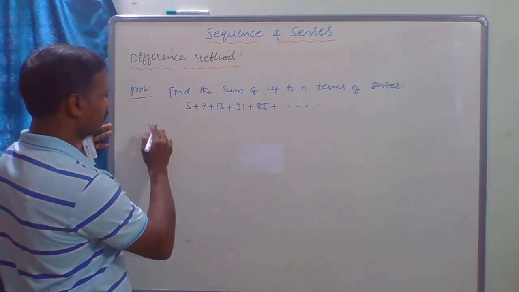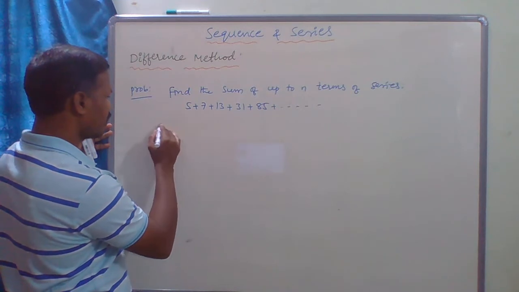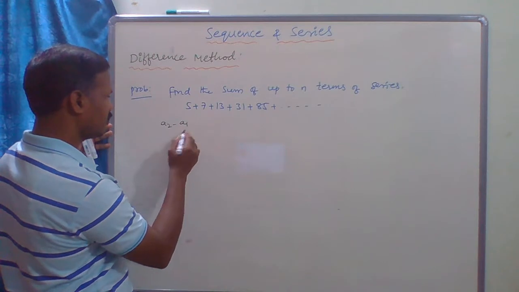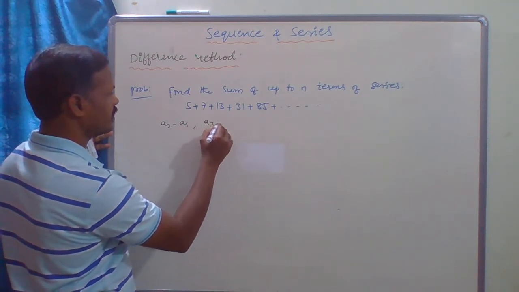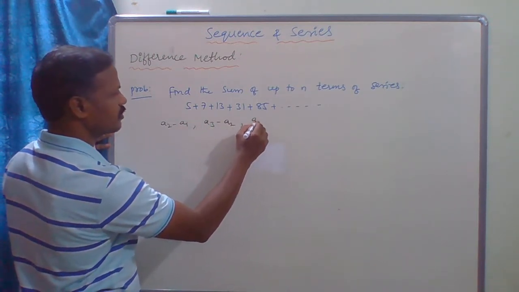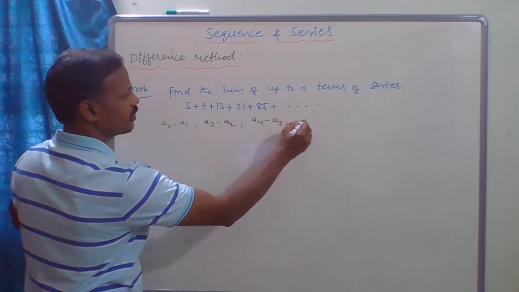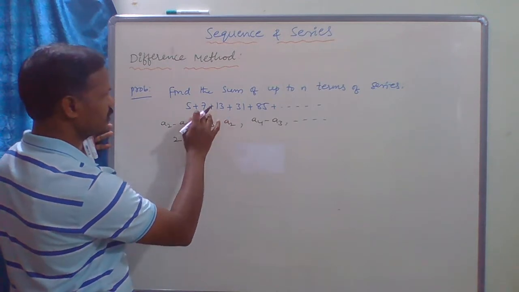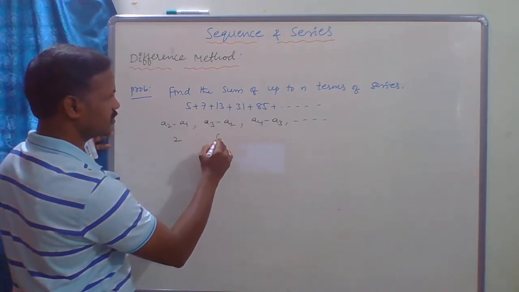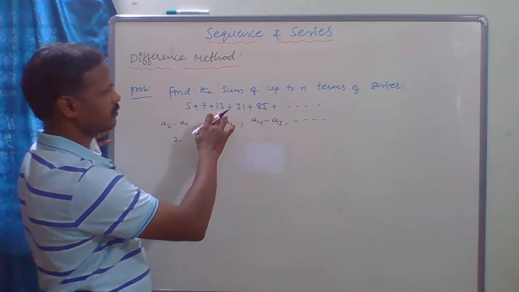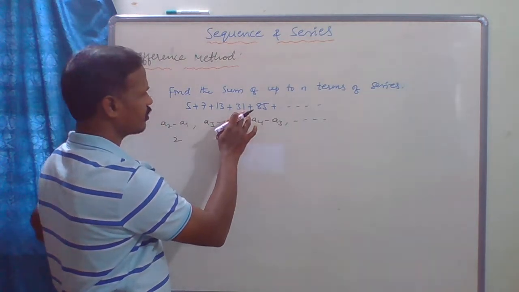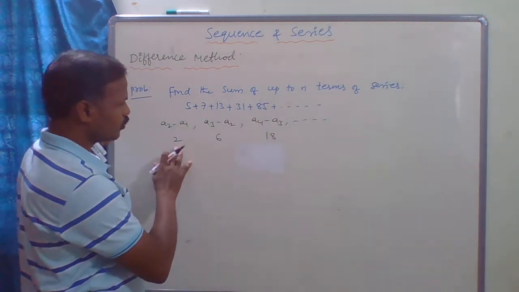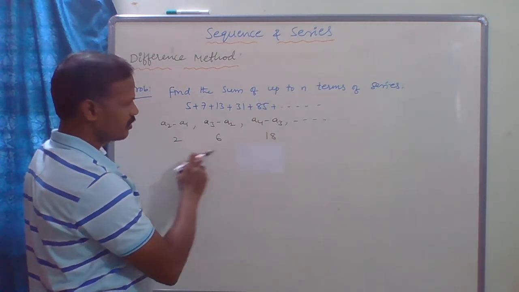So the difference of the terms: A2 minus A1, next A3 minus A2, next A4 minus A3, and so on. 7 minus 5 is 2, 13 minus 7 is 6, 31 minus 13 is 18, so the terms go on: 2, 6, 18, and so on.